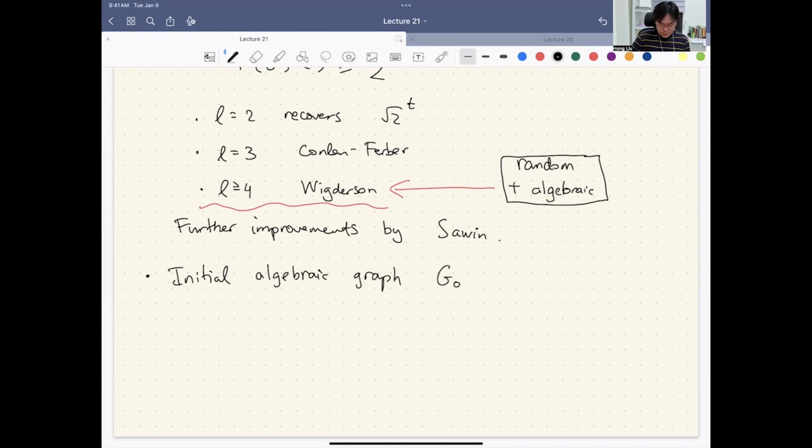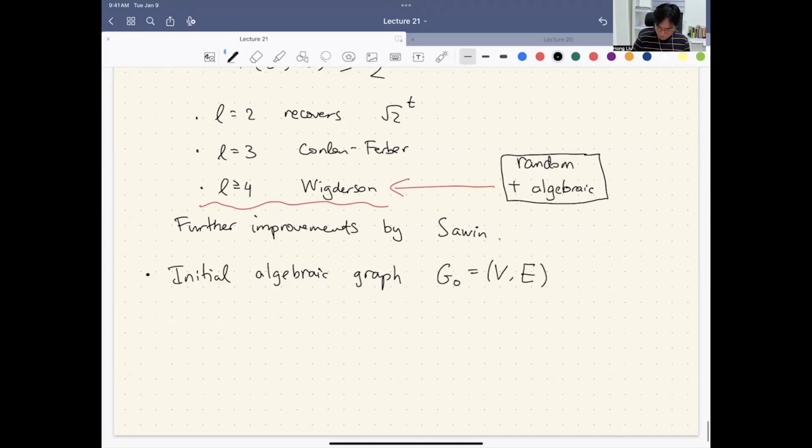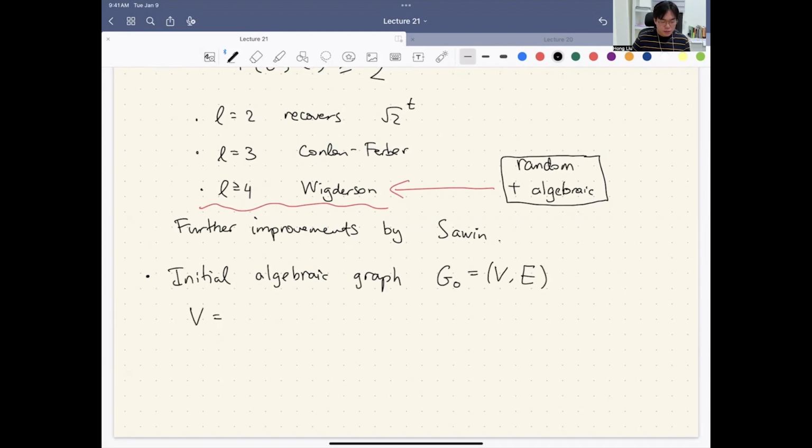The vertex set V is a subset of length-t binary vectors with an even number of ones.